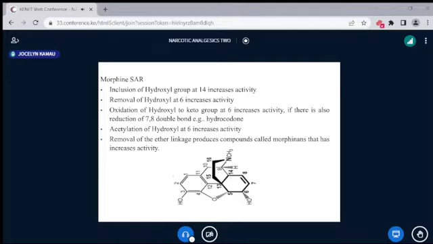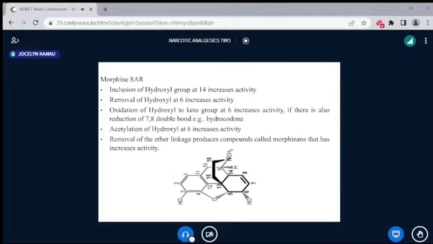But if you add two hydrogens, removing the unsaturation, and also oxidize the hydroxyl group at position 6, there is quite a lot of increase in activity. Therefore hydromorphone and oxymorphone will have much higher activity than dihydromorphine and so on. So the oxidation of the hydroxyl group to a ketone group increases activity.